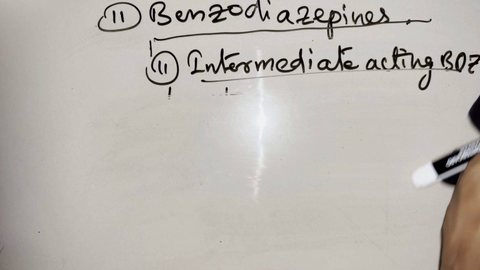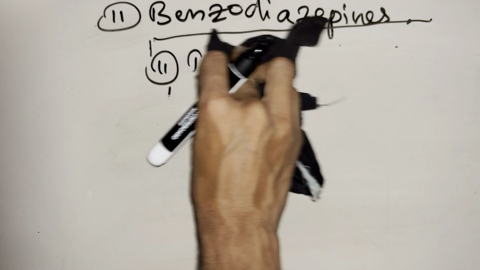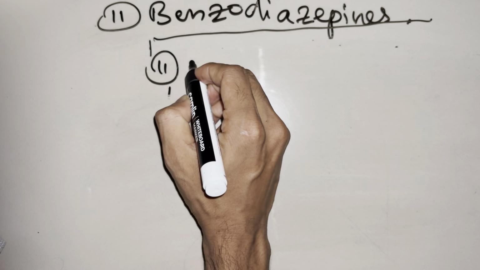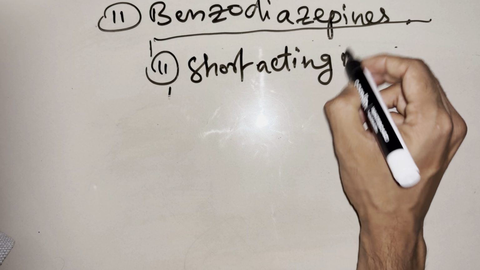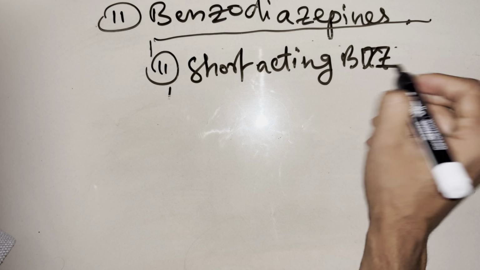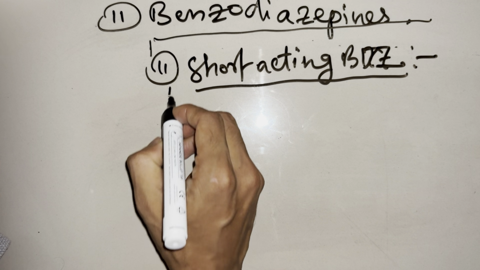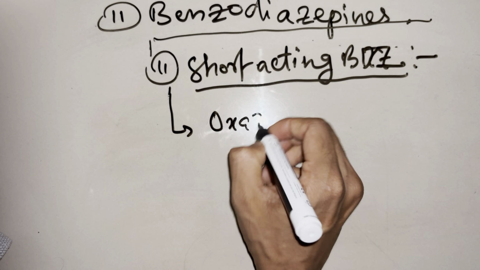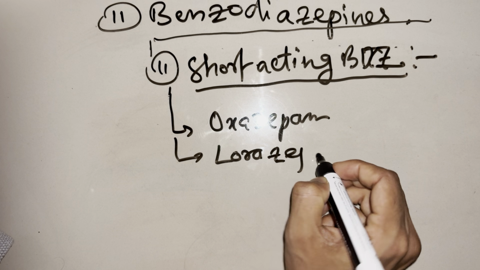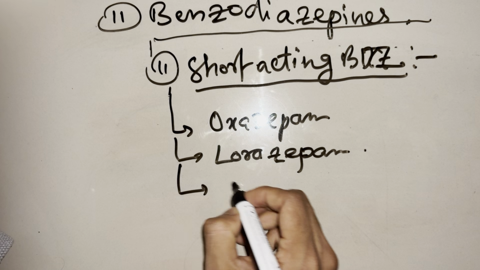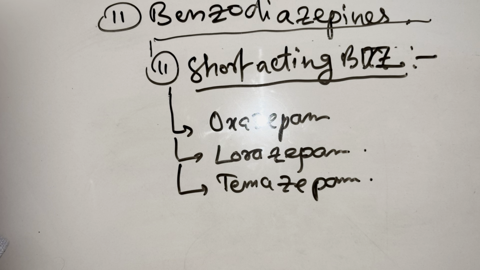Next, number 3, we will see the short-acting benzodiazepines. The examples of short-acting benzodiazepines are oxazepam, lorazepam, and temazepam.